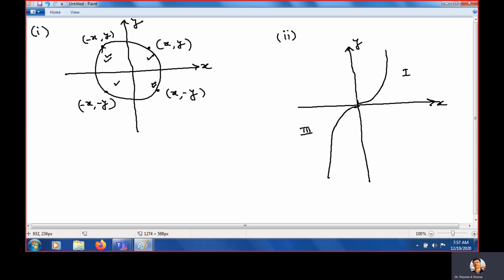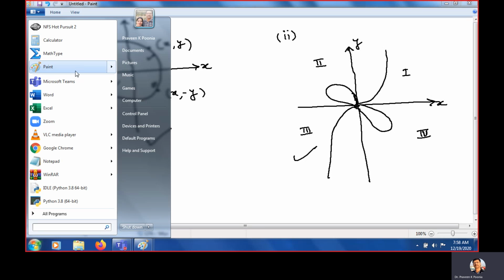And if I mark a balloon here like this one, and a balloon here, then it is symmetrical about origin, because whatever is in the first, same is in third, and whatever is in second, same is in fourth. So this graph is symmetrical about origin, because in these x and y both are changing.